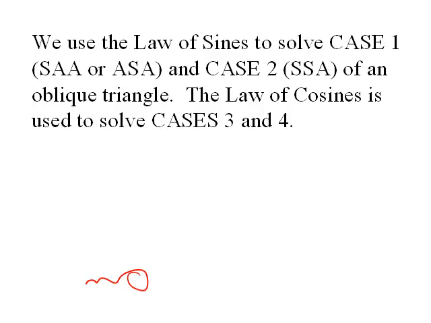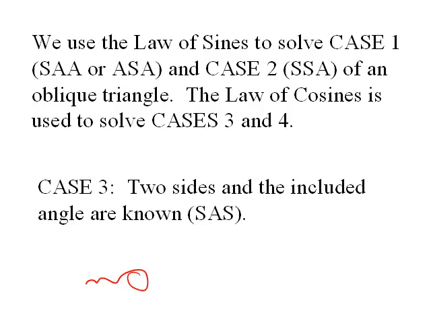So the law of sines is good for case 1, that was SAA or ASA, and case 2 is for side-side angle. The other cases are going to be what's relevant for the law of cosines.